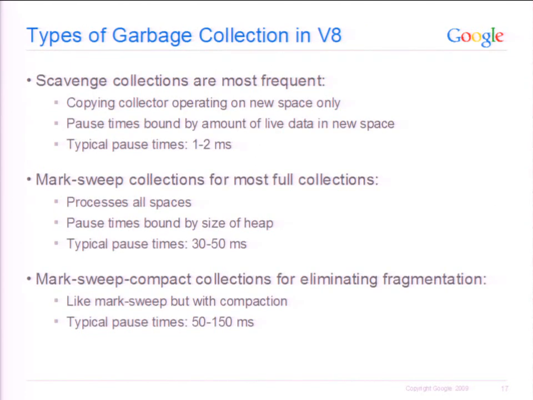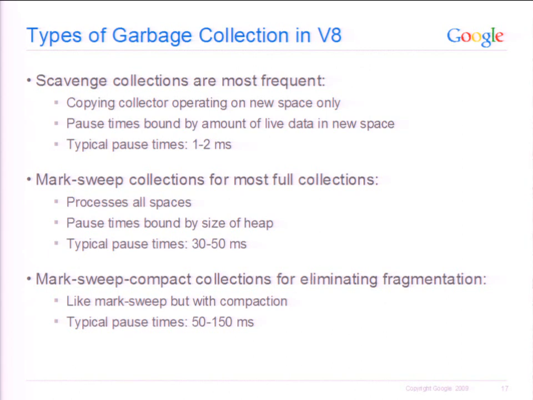So here are the different kinds of garbage collection types we have in V8. We basically have two generations. One is a new generation that's controlled by a copying collector. Usually you get pause times that are 1 to 2 milliseconds on a desktop system.